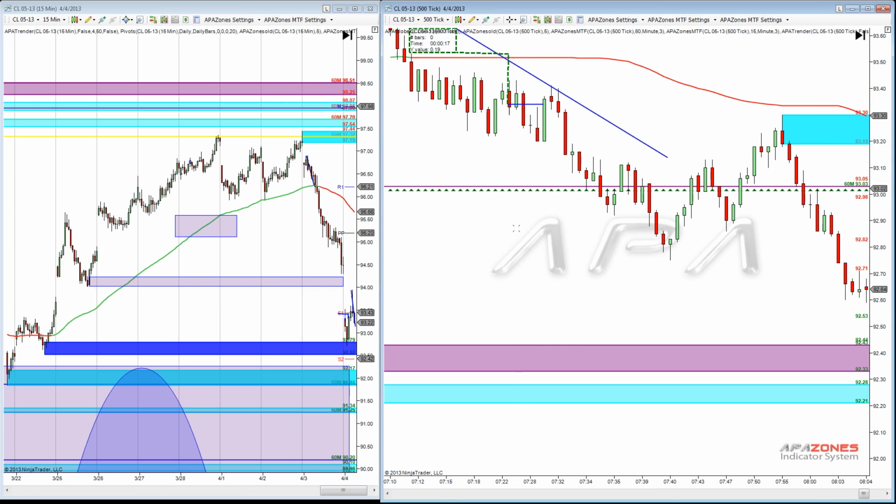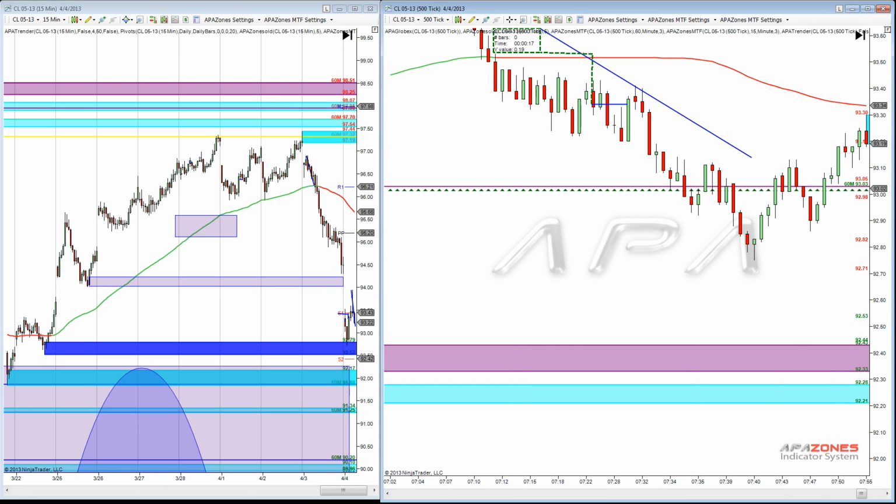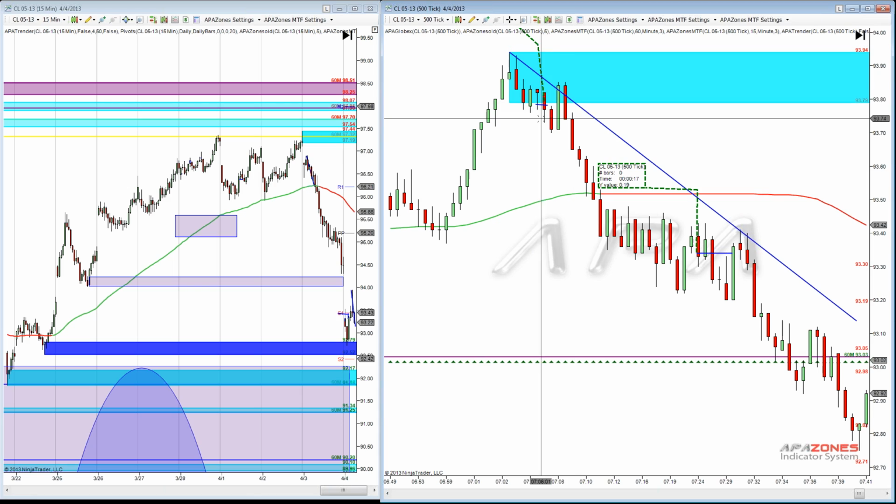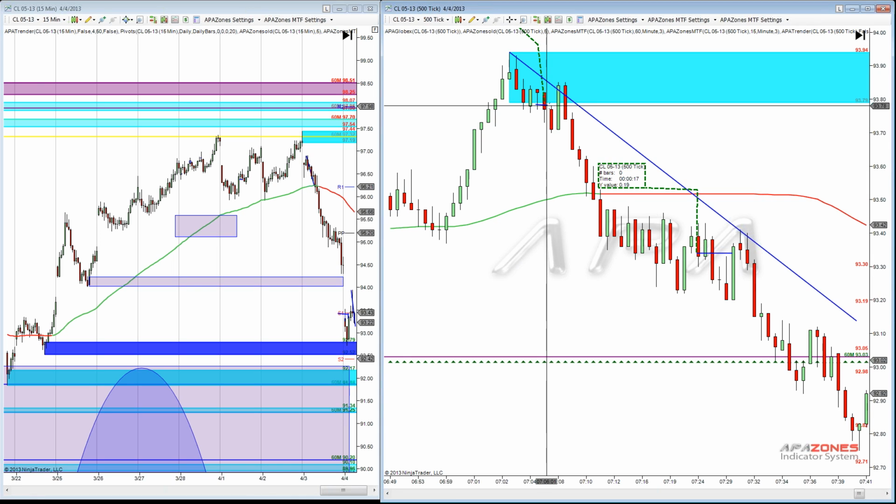So you got short up here off of this price action type of zone entry then, huh? That's cool. That was a really great place to get in there.